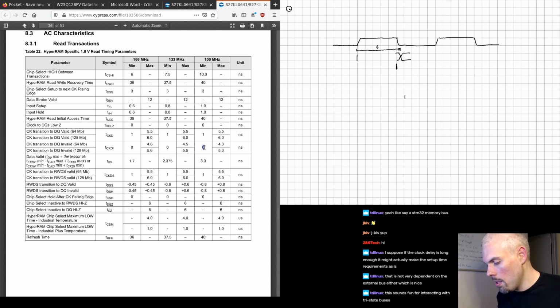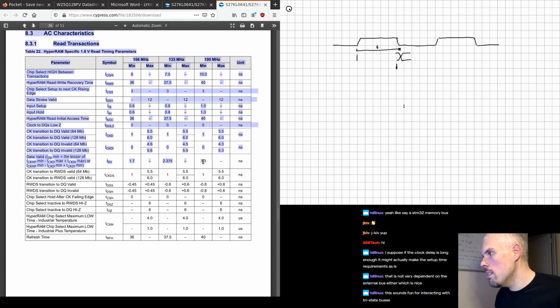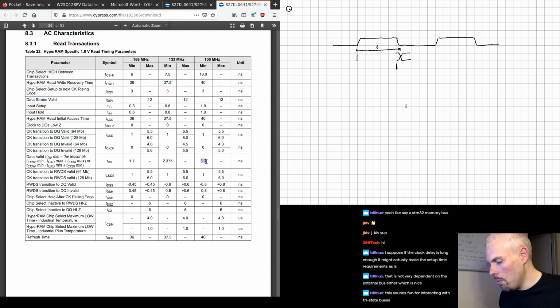The delay is not going to be 6 nanoseconds, it's going to be like 3 nanoseconds, and the invalid delay is not going to be 0, it's going to be somewhere between 0 and 4.3. And you're guaranteed to have at least a 3.3 nanosecond valid window. But you have absolutely no clue whatsoever of where that window is.